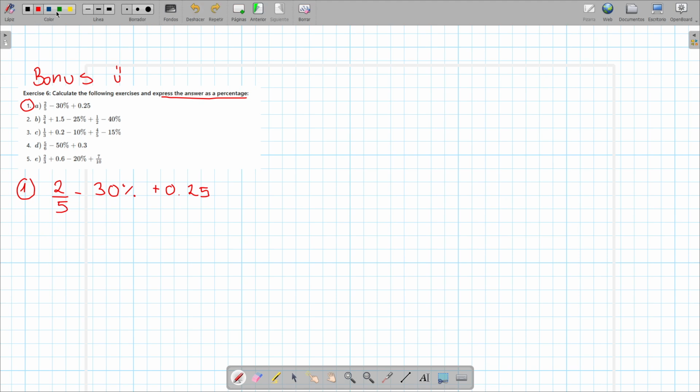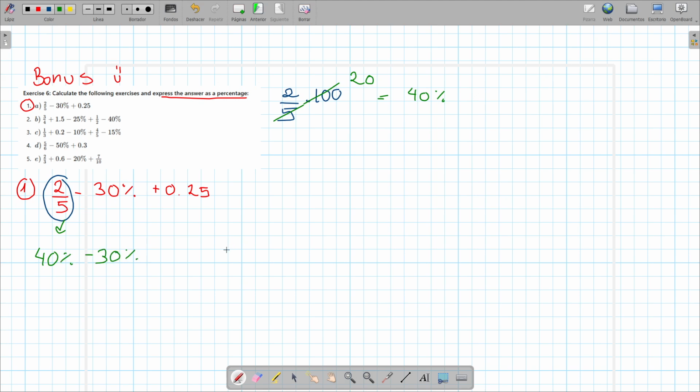First, if I want to convert 2 over 5 to a percentage, I have to multiply by 100. Can I simplify this? Yeah. 100 divided by 5 is going to be 20. 2 times 20 is going to be 40. 40%. So this number is going to be now 40%. Minus 30%.